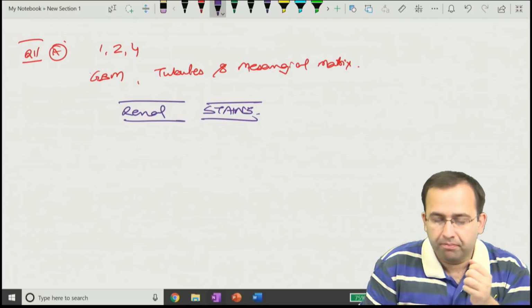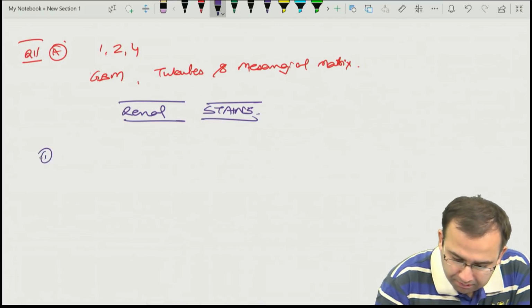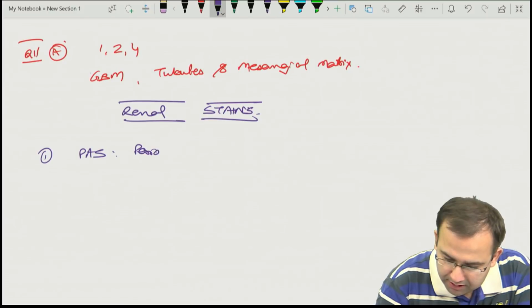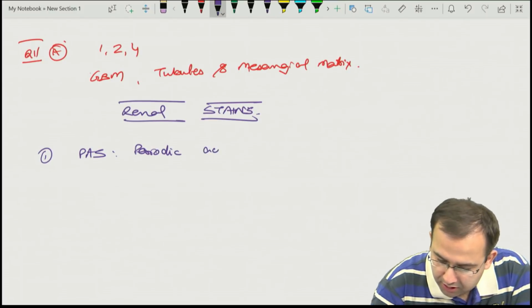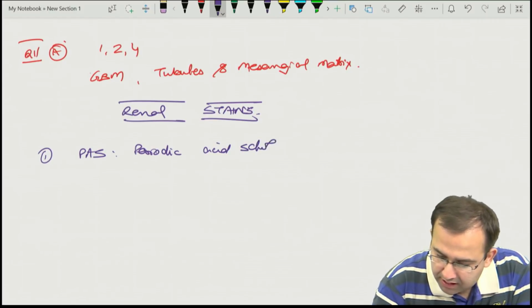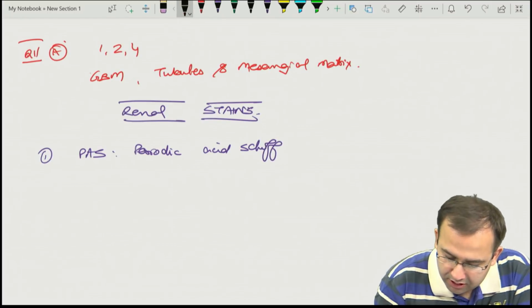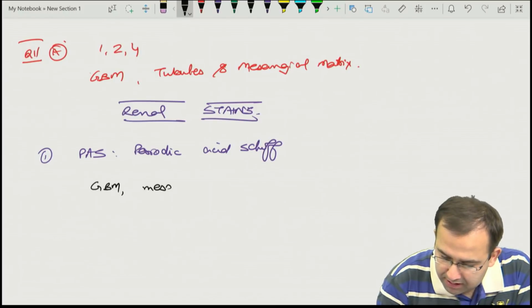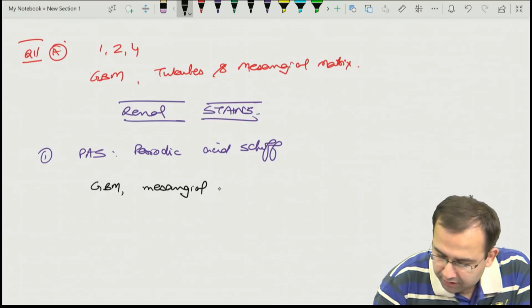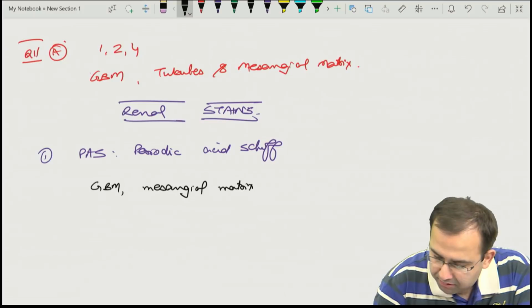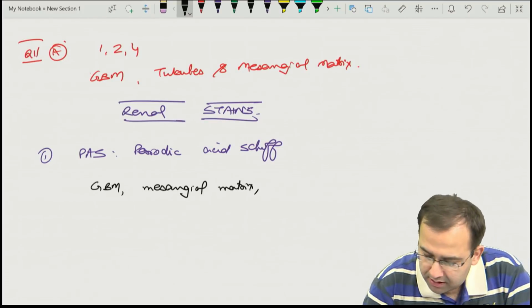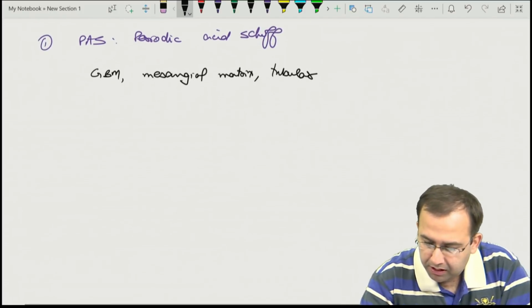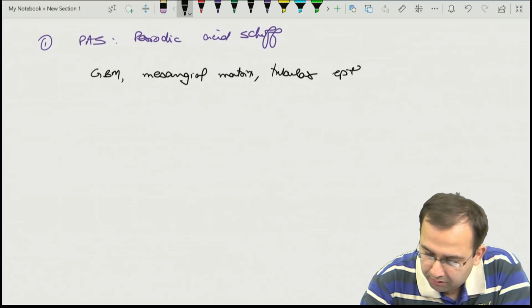PAS, that is periodic acid Schiff, stains the glomerular basement membrane, mesangial matrix, tubular epithelium, and Bowman's capsule.